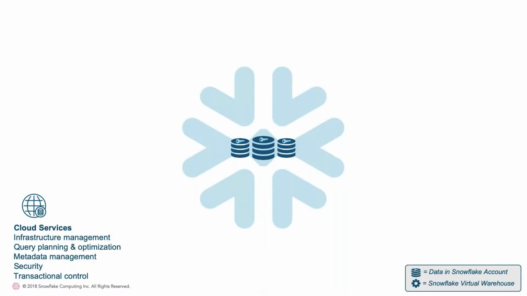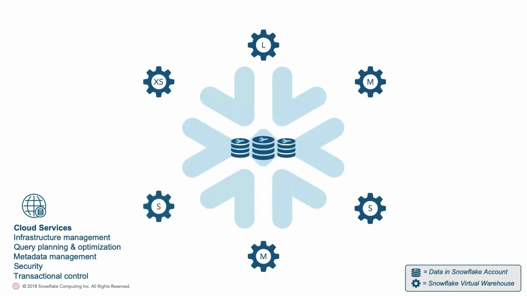Okay, and then another way to look at this before I jump into the demo, which is going to be the next slide, is we've got this cloud services part. It's the brains of the operation. It's a managed service. We've got a centralized data store that's in blob storage. And then we have these independent compute resources that use these t-shirt sizes that represent the size.